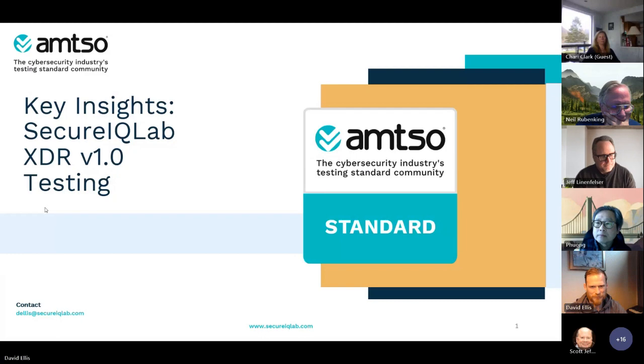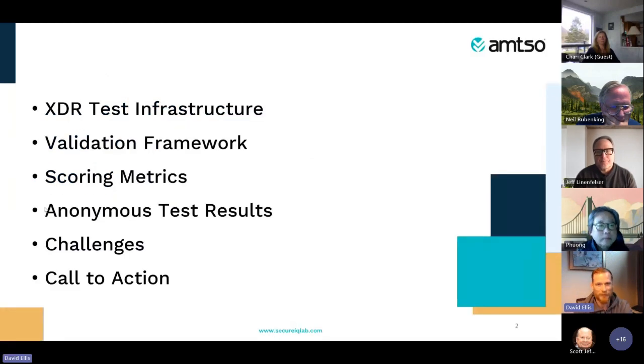makes sense. So in discussing what we've learned from XDR testing, we wanted to do a quick review in terms of the infrastructure that we're using so that you can get a better sense of what the results mean. A quick review of the validation framework, and then introduce some of the scoring metrics that we're looking at.